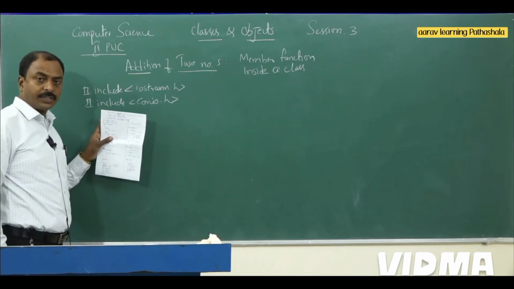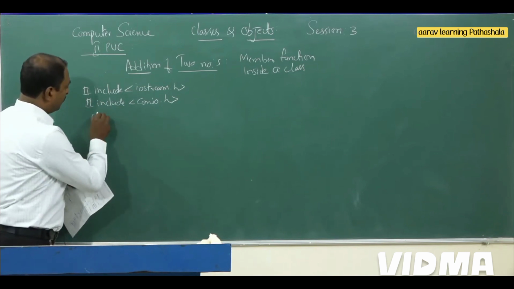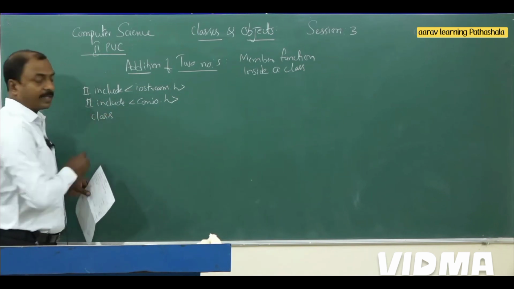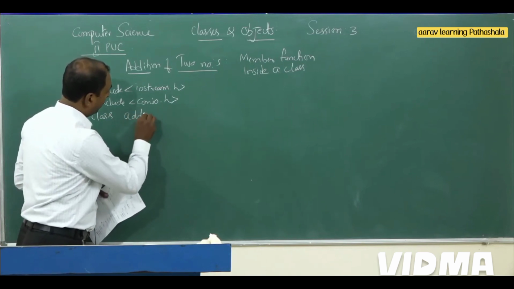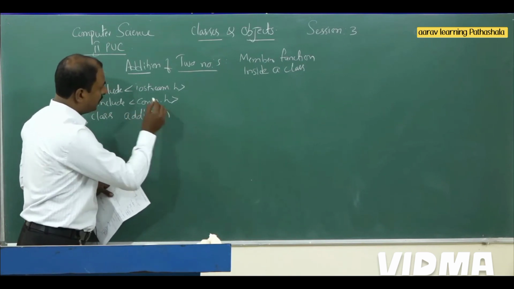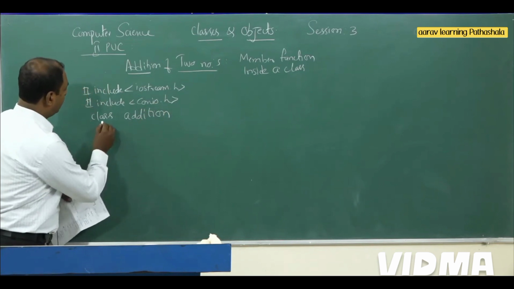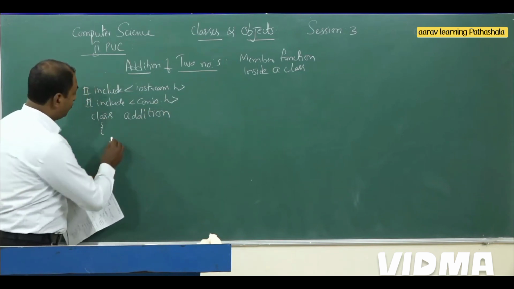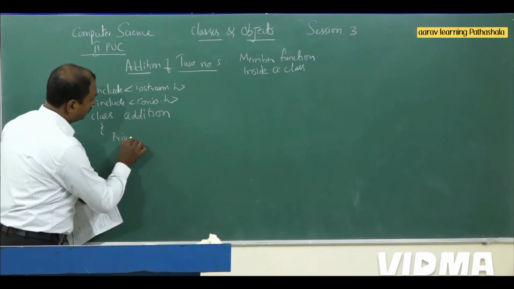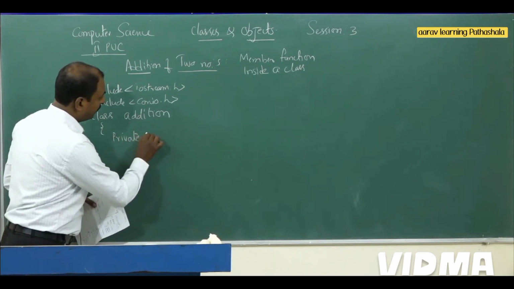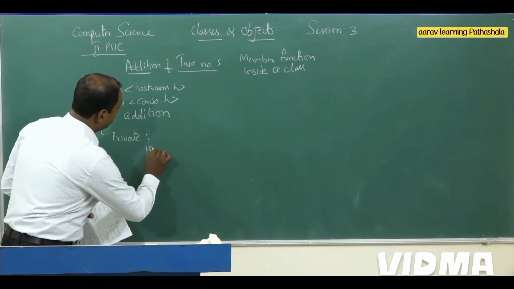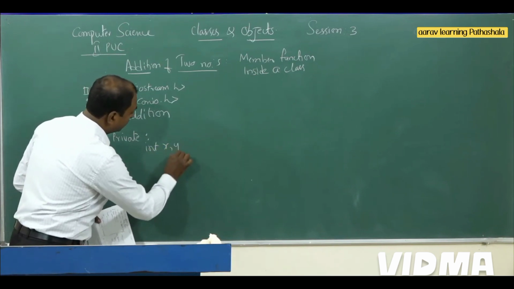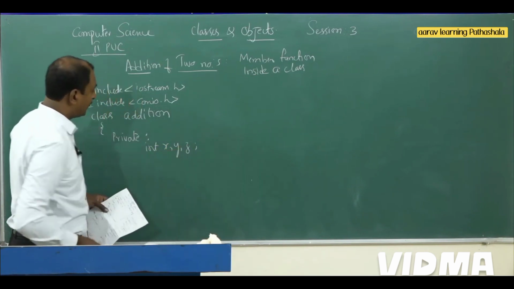as I told you yesterday, the program will start with a class definition. This is class addition, the name of the class, and here the access specifier, private colon. There are three variables here: int x, y and z.